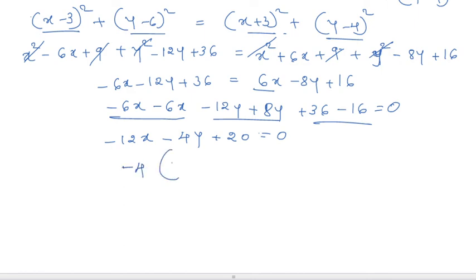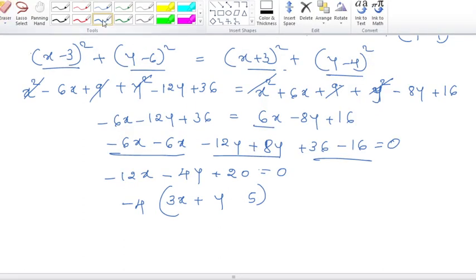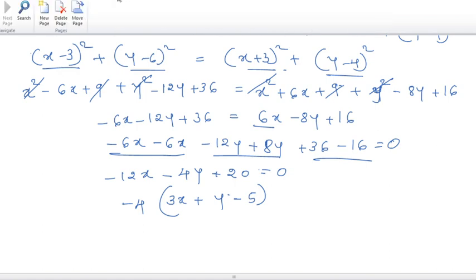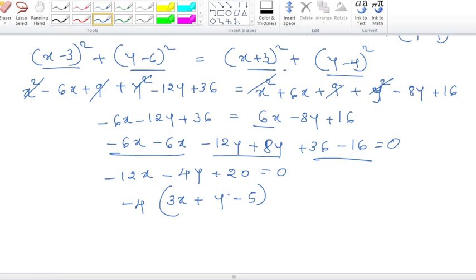Then we get 3x plus y minus 5, because minus 4 into y gives minus 4y, and minus 4 into minus 5 gives plus 20. This is equal to 0.